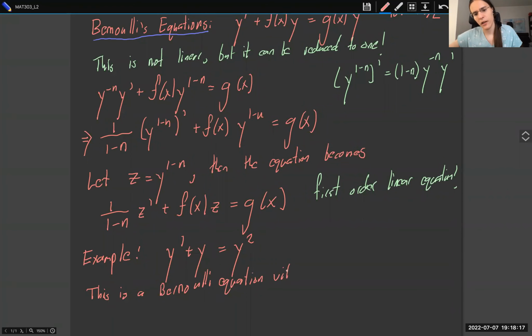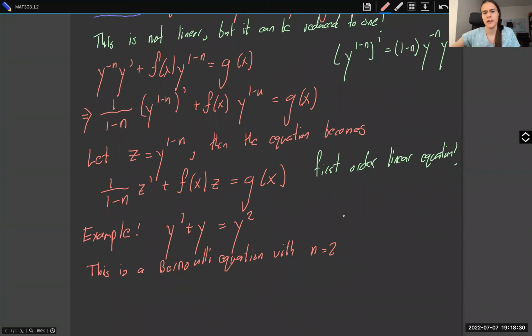with n equals 2. So the only thing that we memorize from this entire process is that we make the substitution z equals y to the 1 minus n. So let z equal y to the 1 minus 2, which is y to the power of -1, right?